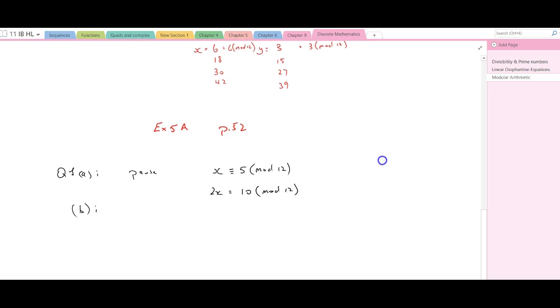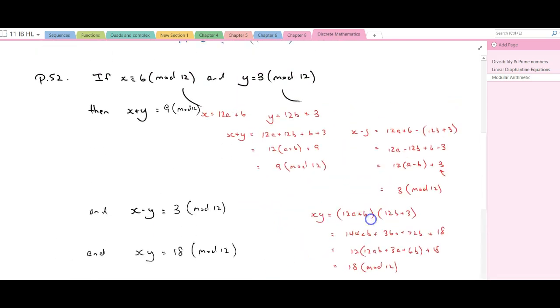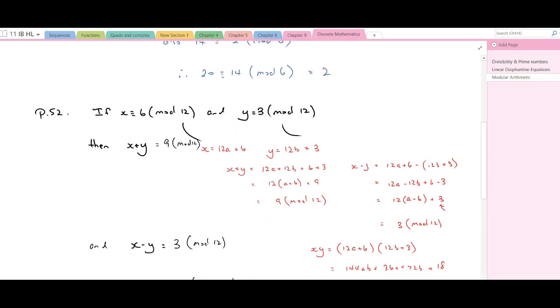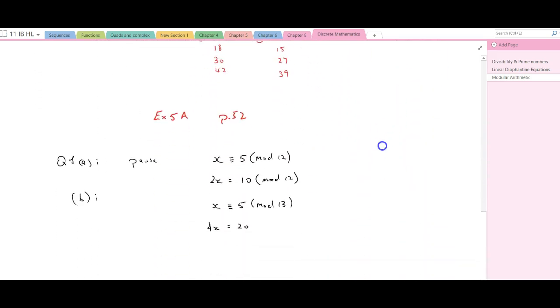Now in b part 1, if x gives a remainder of 5 when divided by 13, what remainder does 4x give? So 4x will give a remainder of 20. We looked at this. We can times our remainders, and sorry, we didn't look at this.